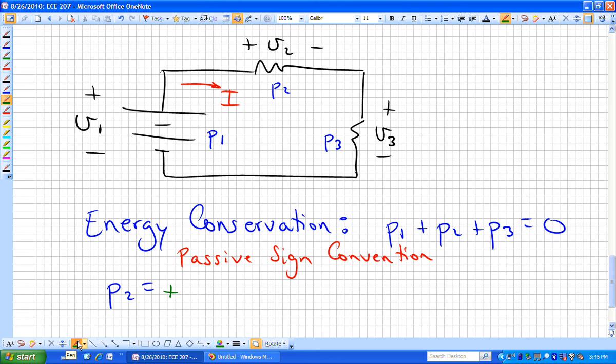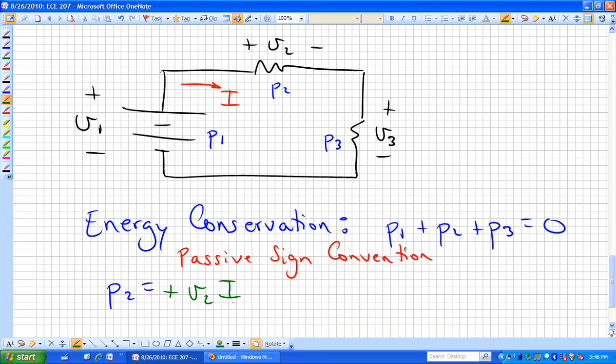What is power from last time? Voltage times current, isn't it? In this case, we've already labeled the voltage as V sub 2, and the current flowing through that is I. Because of the passive sign convention and the fact that the current is going into the positive terminal, that's going to be a positive power.